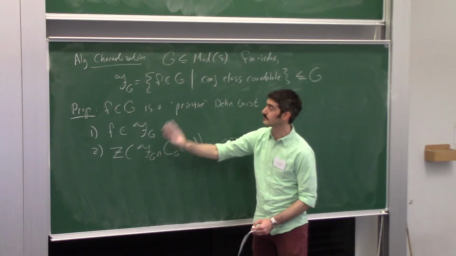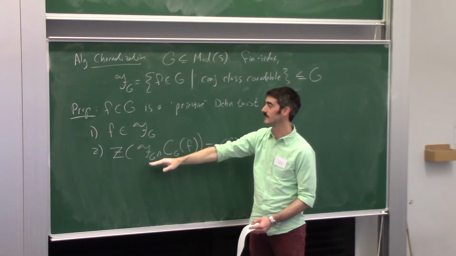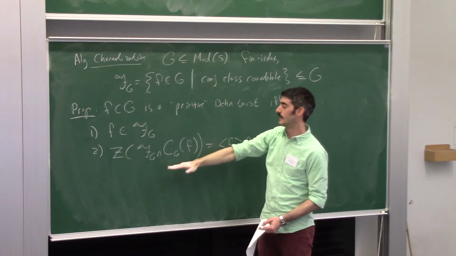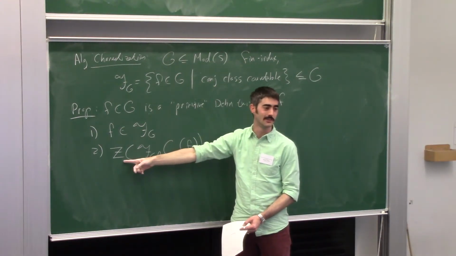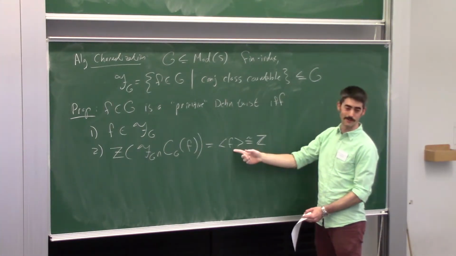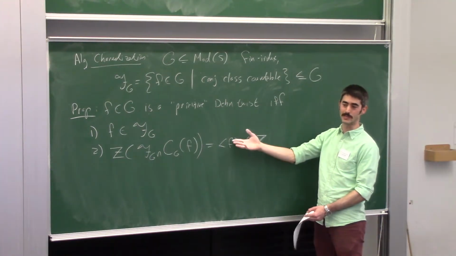I intersect that with this subgroup of things that I sort of understand, because if you're not in here, I don't understand you at all, because I have no normal form. Then I look at the center of that, and the condition is that that center should be infinite cyclic generated by f. So it's an algebraic condition.